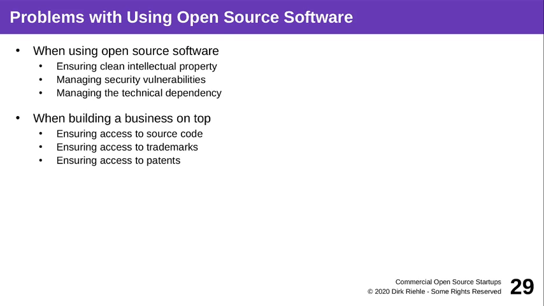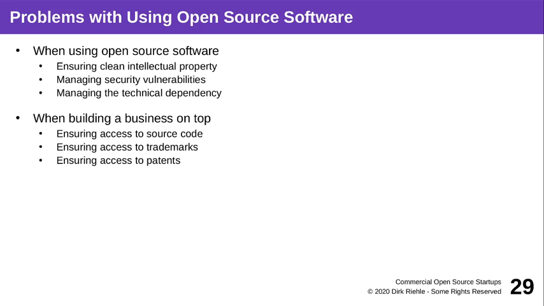Finally, if you're depending on an open source component, then you have a technical dependency. So you need to make sure that the open source project supporting the software doesn't suddenly take a left turn or a right turn, and the software changes in such a way that it becomes unusable to you. These are fundamental problems.